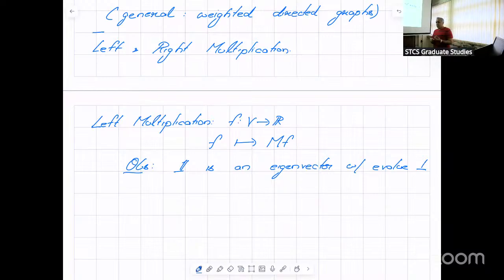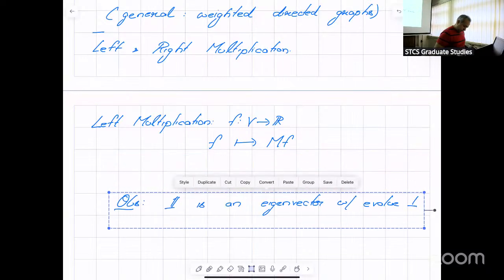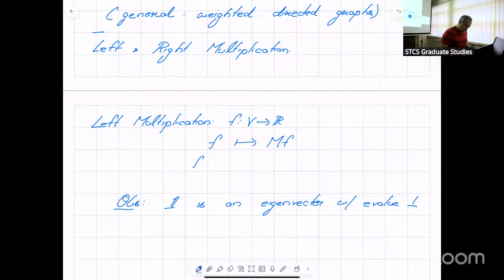I want to ask another question. Suppose there was another eigenvector with some other eigenvalue; can that eigenvalue be larger than 1, or smaller than 1? Why?